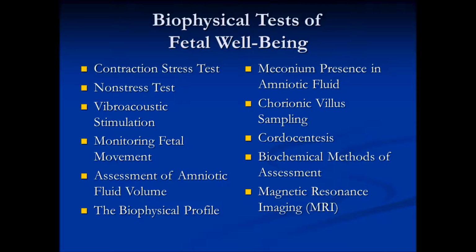Indications for the procedure include advanced maternal age, previous child with chromosomal abnormalities, or a parent carrier of a chromosomal condition. It is particularly suited for DNA analysis because the amount of DNA obtained is significantly larger than that typically obtained when you do an amniocentesis.